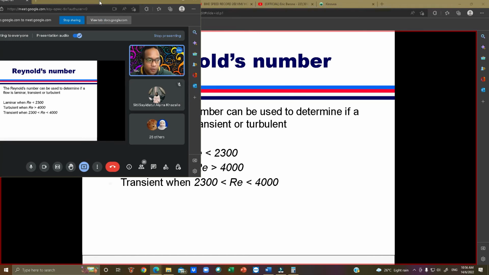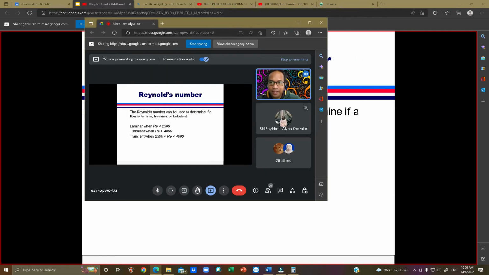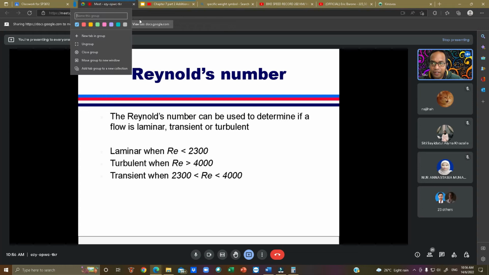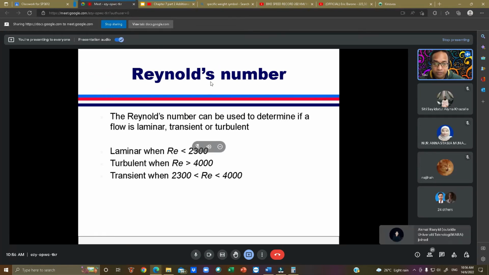Cuma sports car model lama where the shape is quite boxy, and when they do the comparison, they end up that the sports car actually have a larger number of Reynolds compared to the minivan, which make the minivan much more aerodynamic. Pasal bentuk je, okay? Not the size but the shape determine whether it is going to be a laminar, a transient, or much more towards the turbulent numbers.